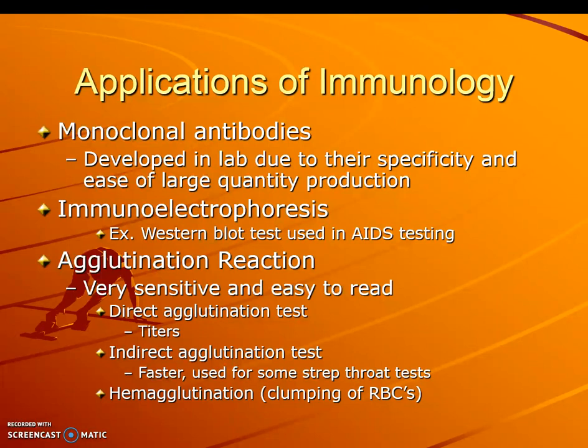Indirect agglutination tests are faster. These are some of the strep throat tests, the more rapid strep throat tests. And then the last one is actually used in blood typing reactions. So agglutination of red blood cells is essentially how you can test for blood types, as well as other types like allergy type reactions.